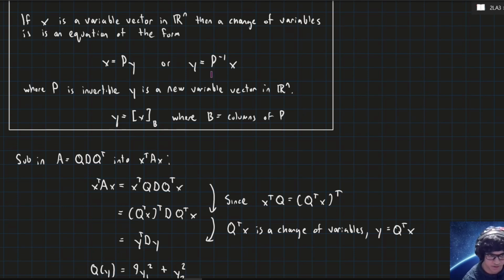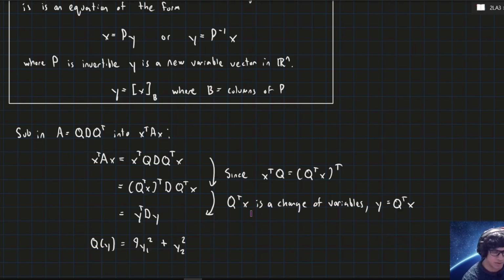So we're in this situation where we have an x and we're changing the coordinates to y, and the coordinates are related by this Q matrix. I said y equals Q transpose x, so I sub that in here. Then I'm just taking the quadratic form of the D matrix, which is the eigenvalue matrix, and if I do that, I just get this.